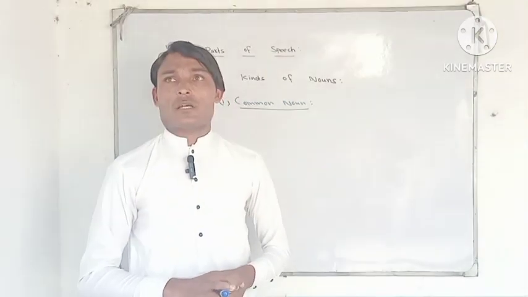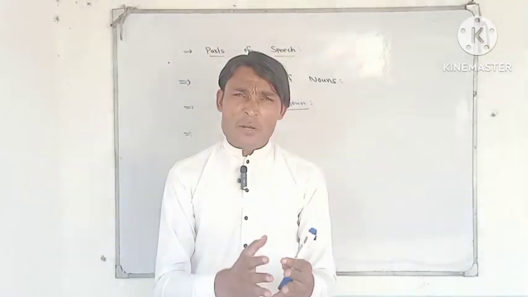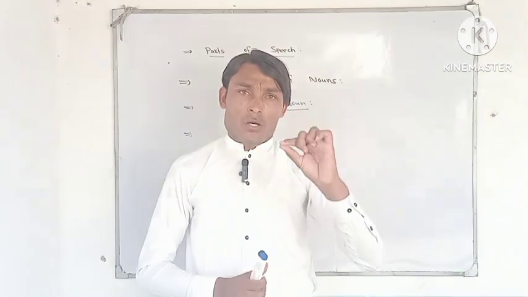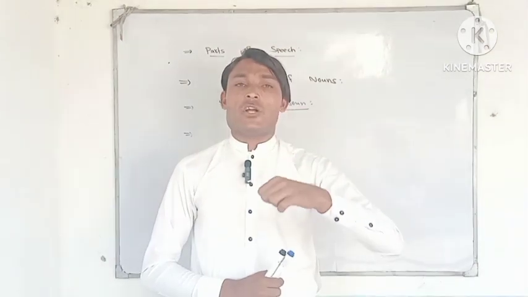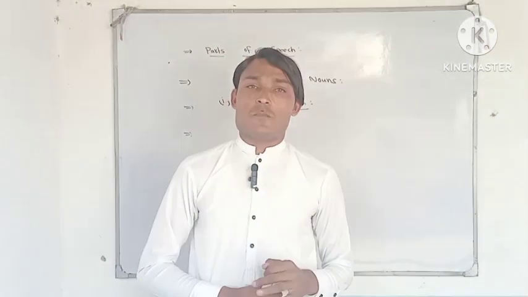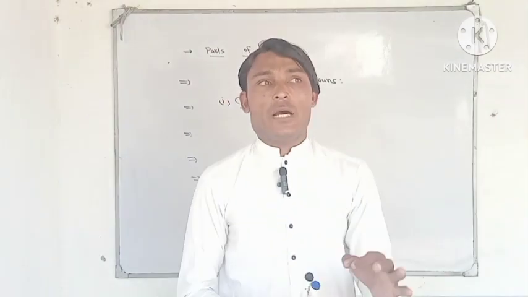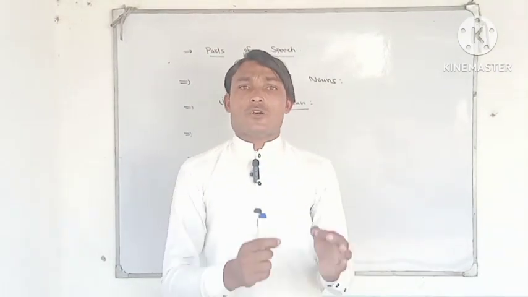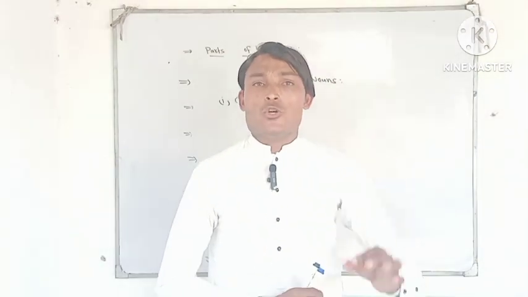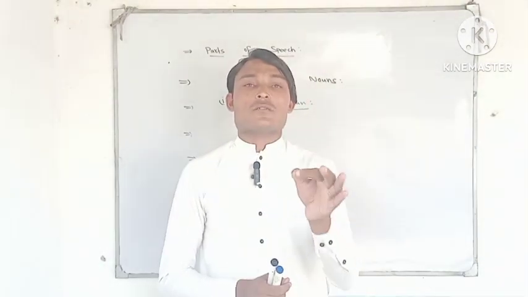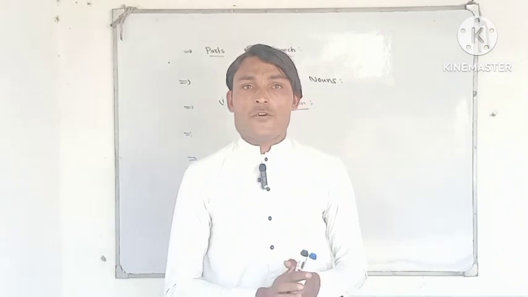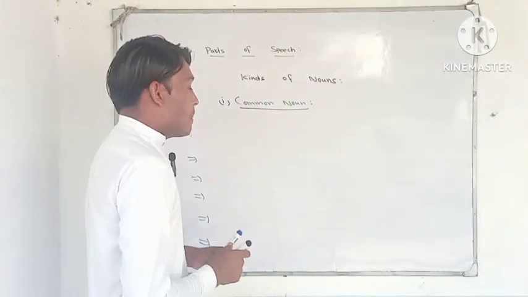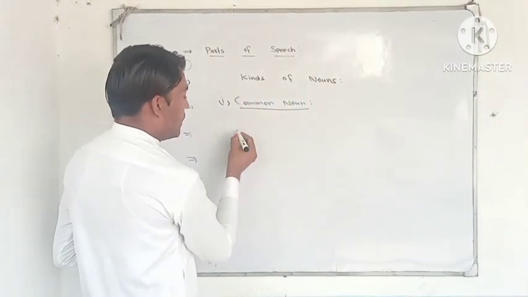For example, I want to say an example of a common noun. If you write a common noun at the beginning of the sentence, the first letter must be capital. And beside this, when common nouns come in the middle or at the end of the sentence, you must write them with a small letter. Like for example, school.